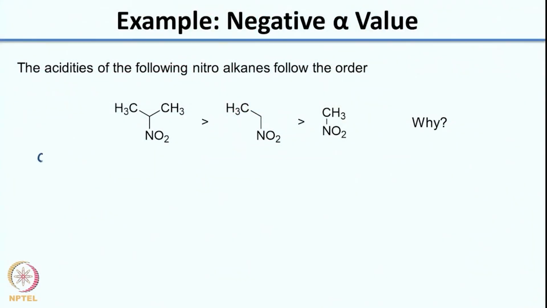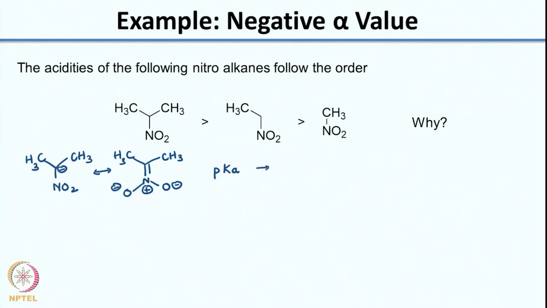So, here this is your acid, right. The conjugate base that it generates, you can write a resonance structure for this, which will look like this. Now, when you think of the pKa, you are looking at the stability of the conjugate base, right.